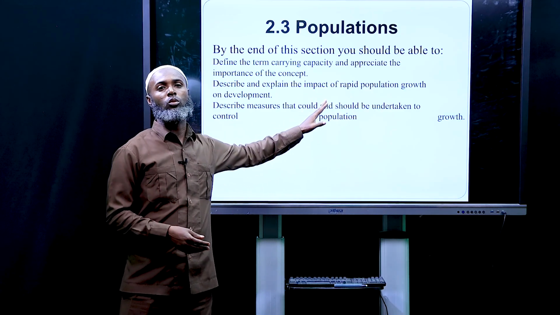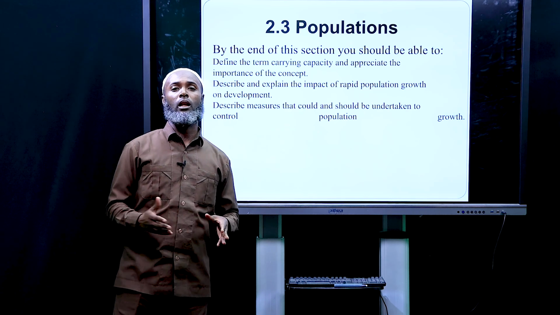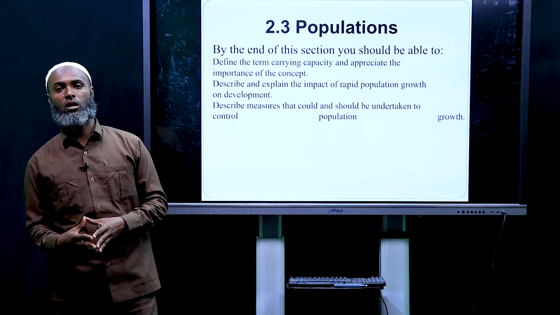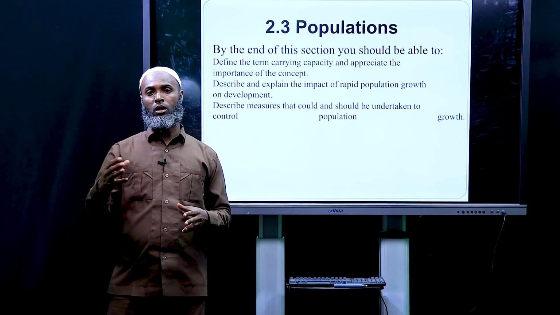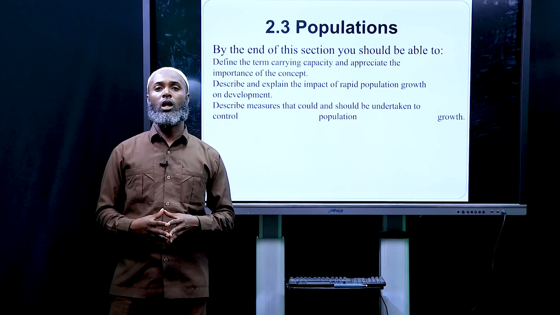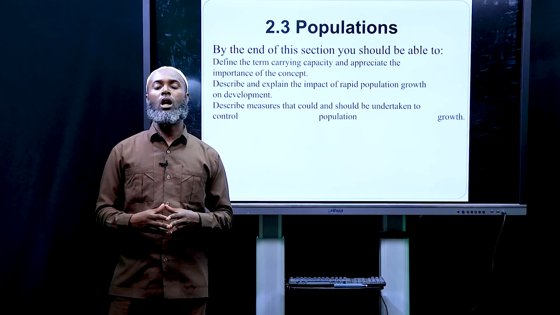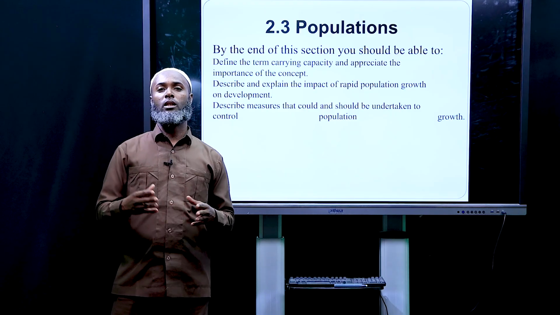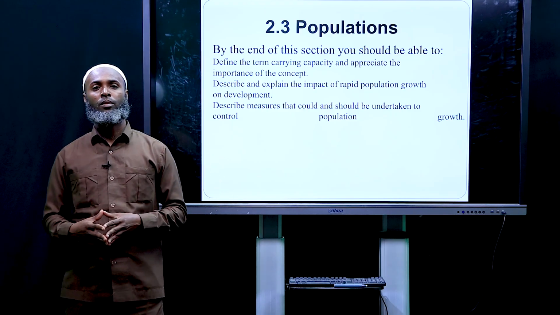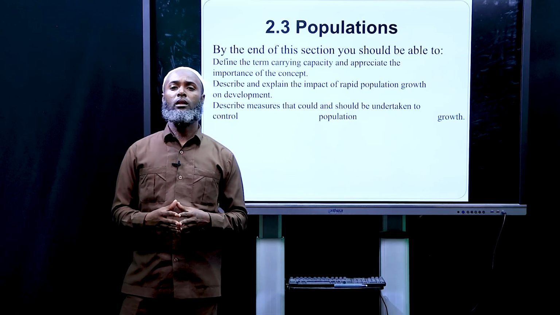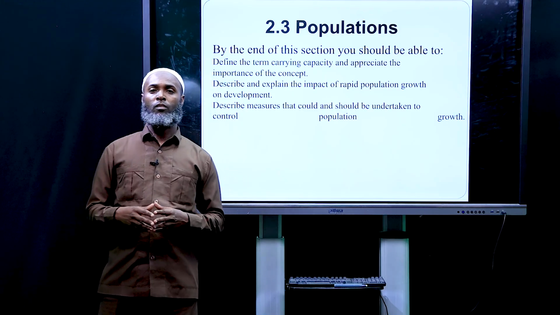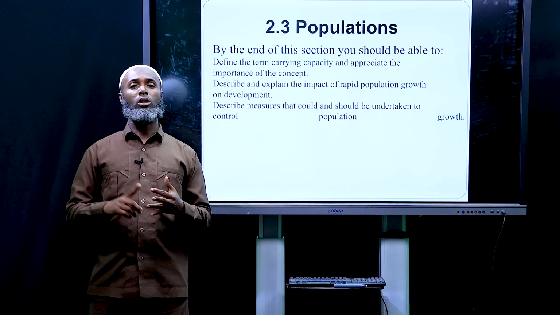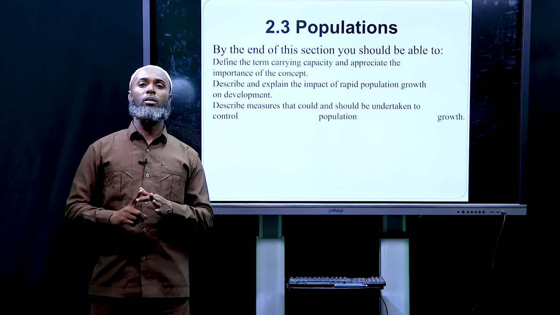But before we go to today's lesson directly, let's revise what we have seen in the previous lesson. We have seen the definition of population: organisms of the same species living in an area. There are factors that can directly influence population size: natality, mortality, immigration, and emigration.